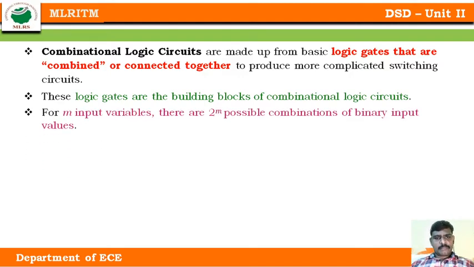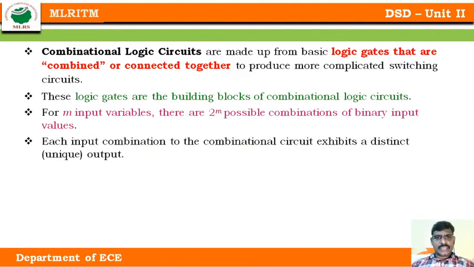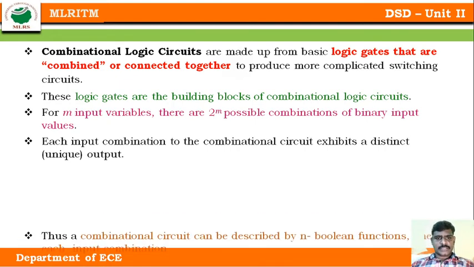For n input variables, there are 2 power n possible combinations of binary input values. Each input combination exhibits a distinct, unique output. If I suddenly change my input from one level to another, it produces another output.